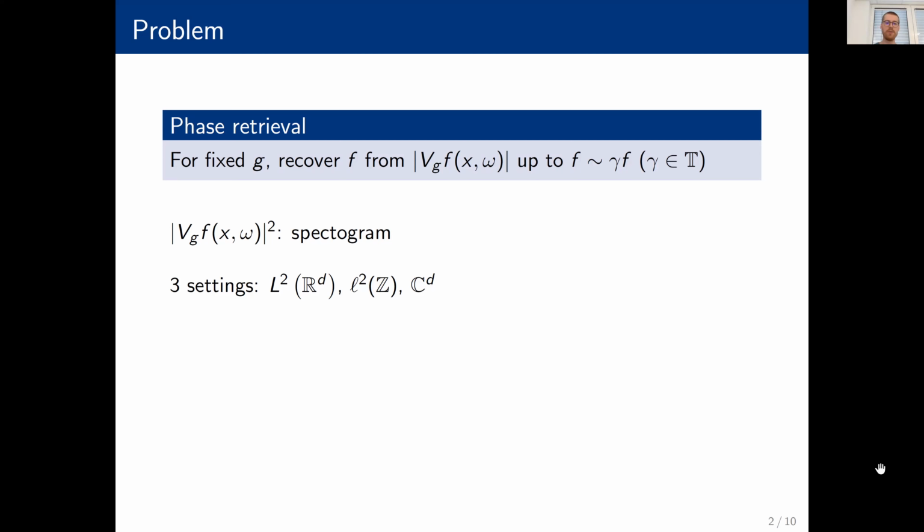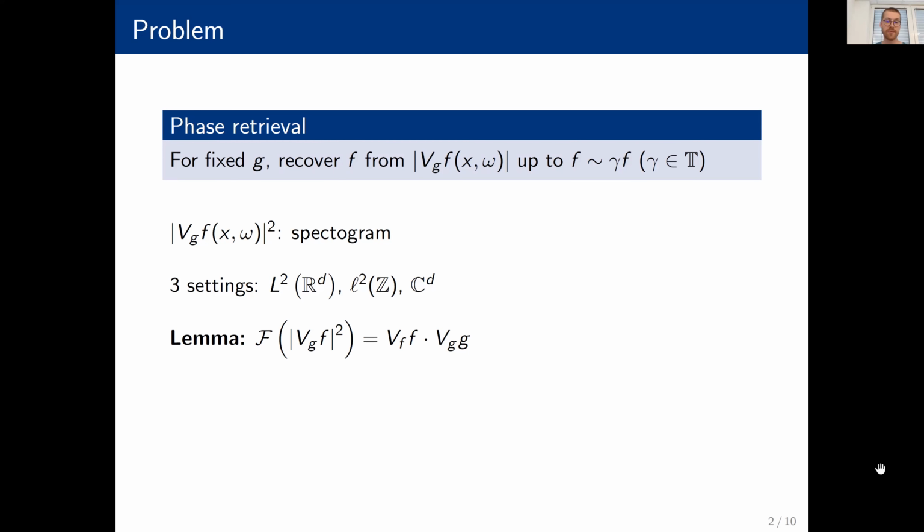Okay, so now that we know what our problem is and where our functions live, we would like to have a main idea how to tackle this problem. And the main idea for STFT phase retrieval usually comes by the following equation. Honestly, this equation is not quite accurate here on the slide. For it to be accurate, you would have to add some constants and make some variable flips.